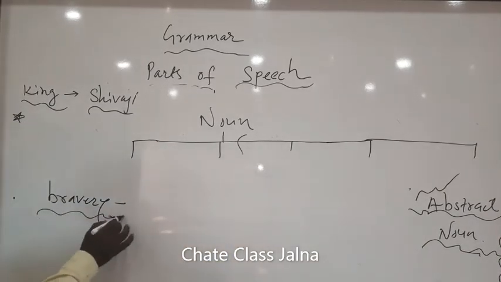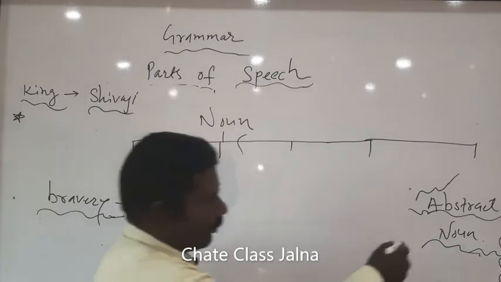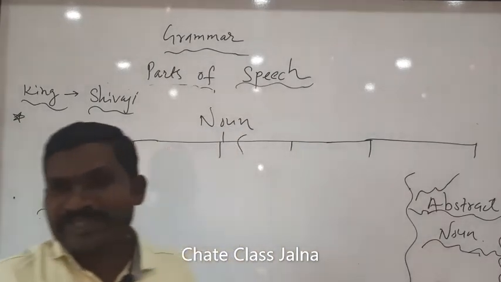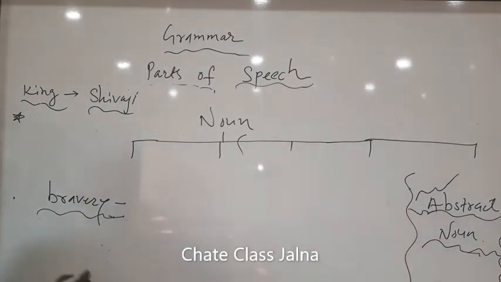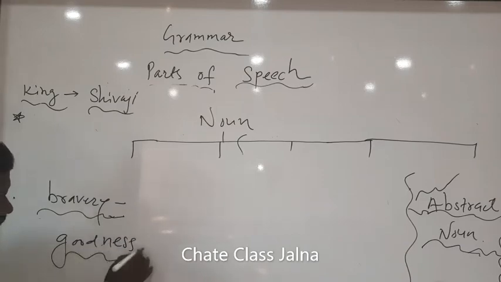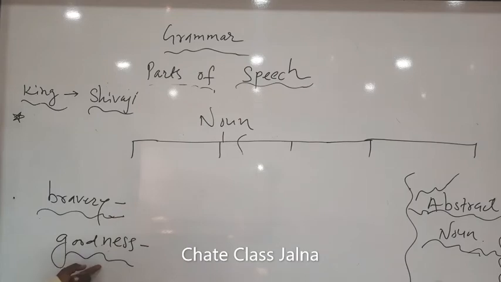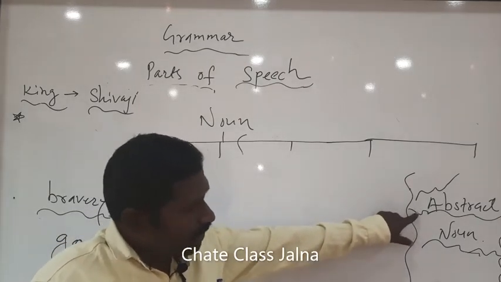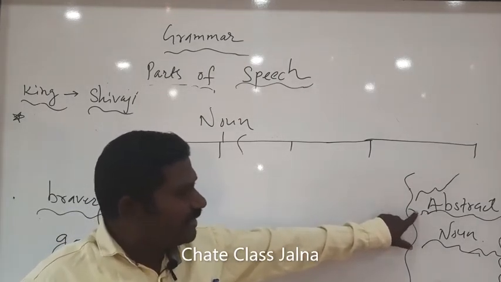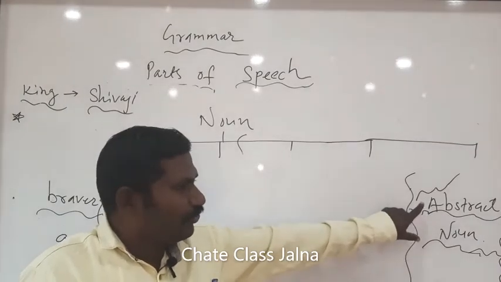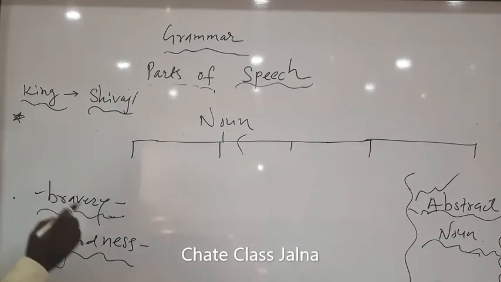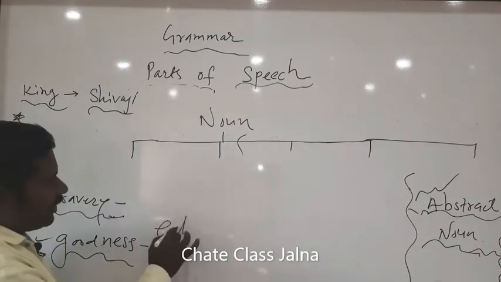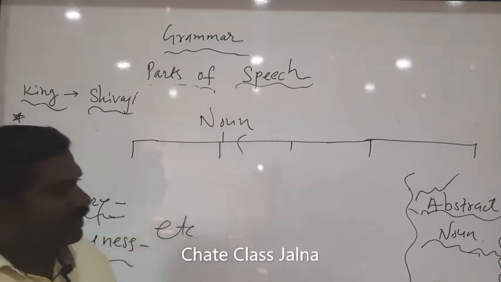So bravery is imaginary, and that's why we can say that it is the abstract noun. Abstract in the sense something imaginary, qualities and that all. Another one we can say that goodness. It's also like it, as I told, it is abstract in the sense we cannot see it, we cannot touch it, we have to feel it by the senses, and in the sense goodness, bravery, whatsoever, these are examples of the abstract nouns.